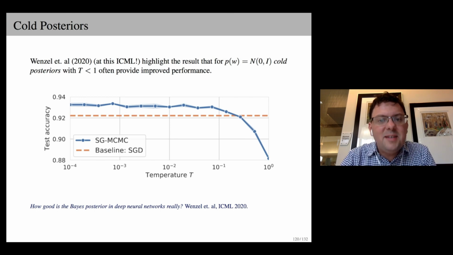In a paper at this ICML by Wenzel et al., there's a result highlighted that with a standard Gaussian prior over parameters, cold posteriors often provide improved performance, but if we use just a temperature equals 1, we can get even worse performance than classical training.